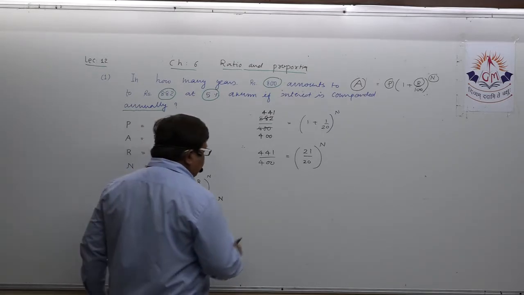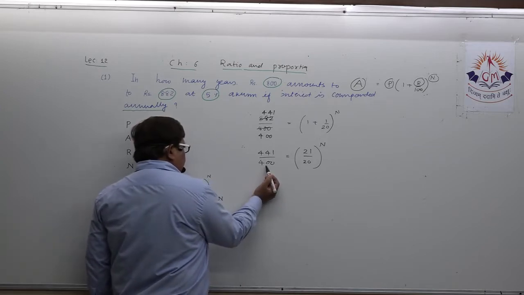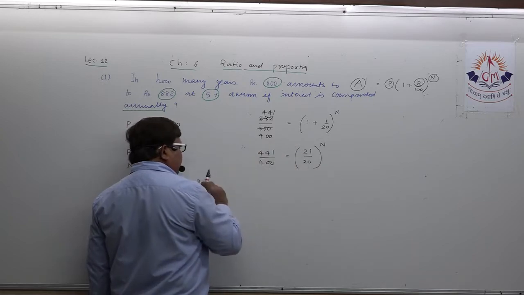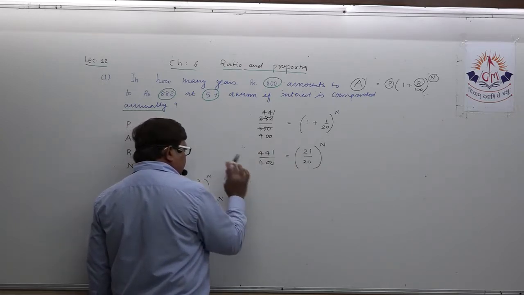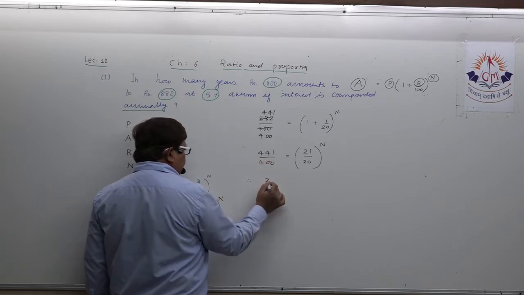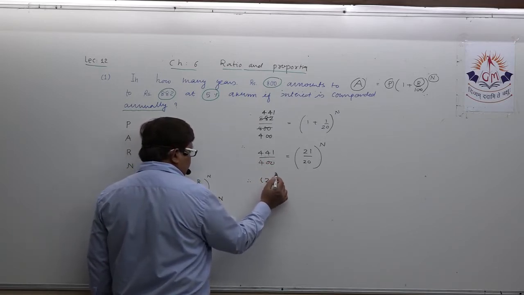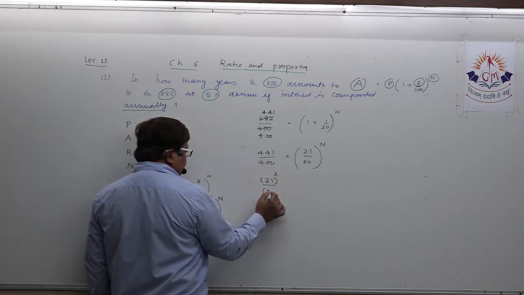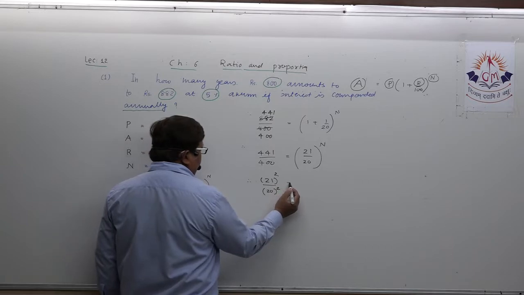So now you know 400 is the square of 20 and 441 is the square of 21. So can I write this as 21 square? Yes. Can I write this as 20 square here as it is?